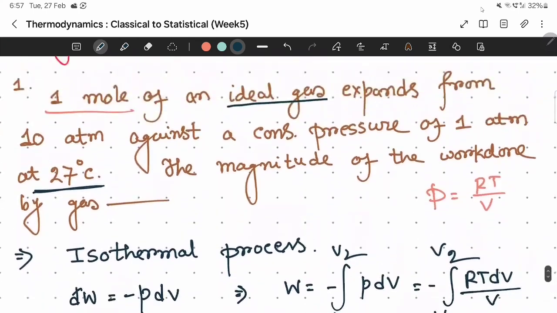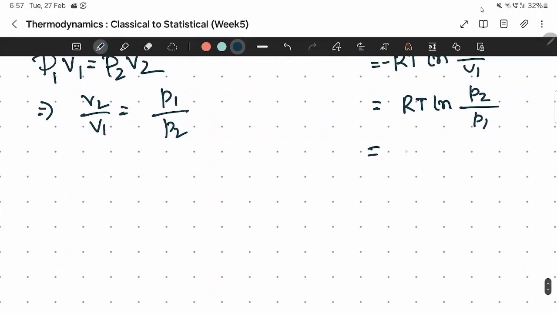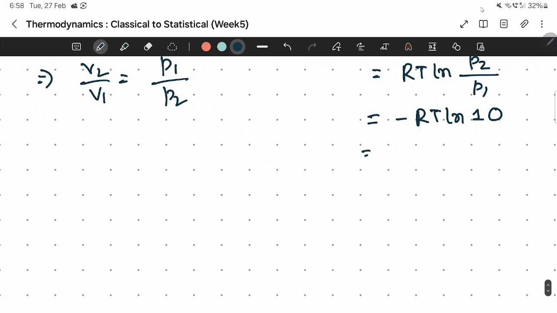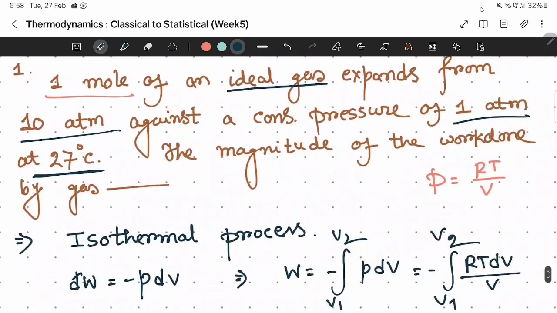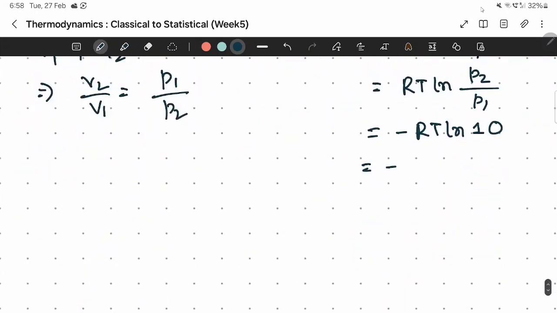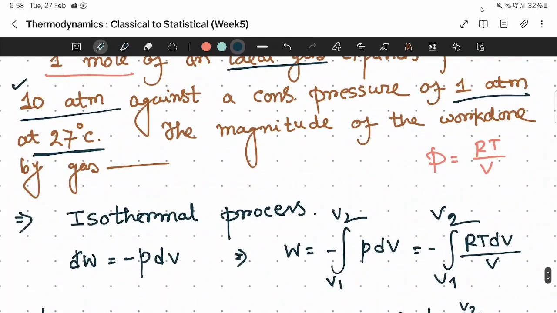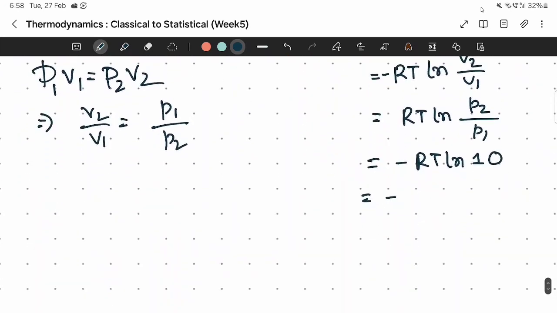What is P2? 1 atm. What is P1? 10 atm. So you can write it as minus RT ln 10. Now we just have to multiply R and T with ln 10. What is the unit? This is atm, and ln 10 does not have any unit. But in the question, if you look at the options, the unit is calorie, and R is also given in calorie.